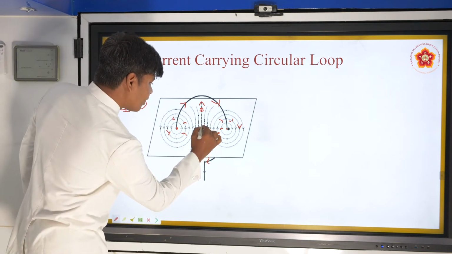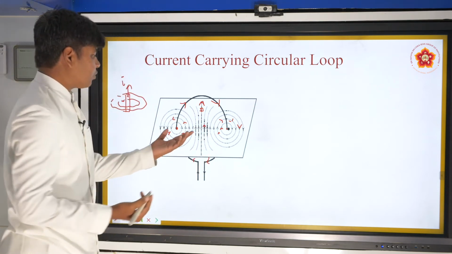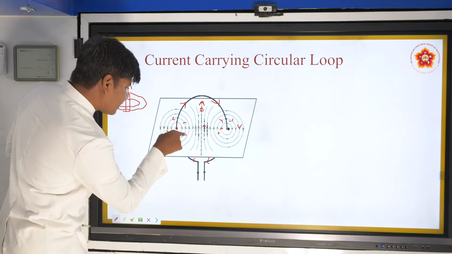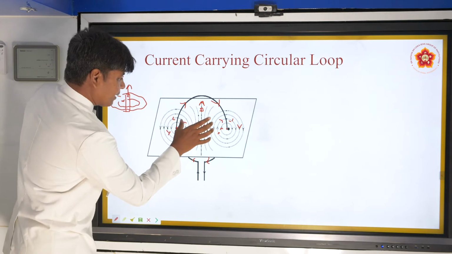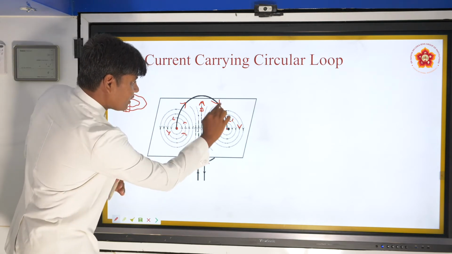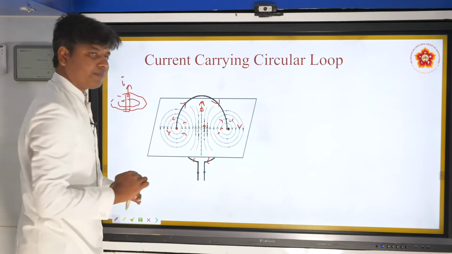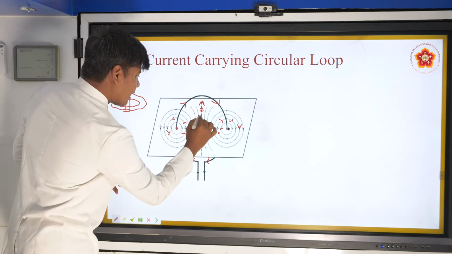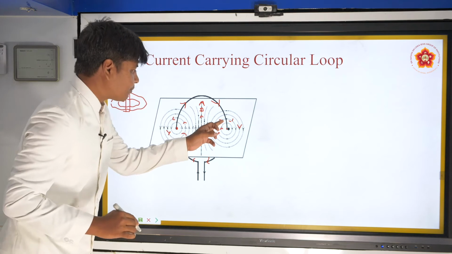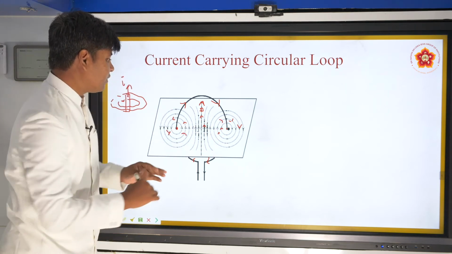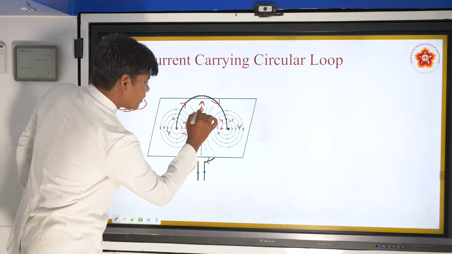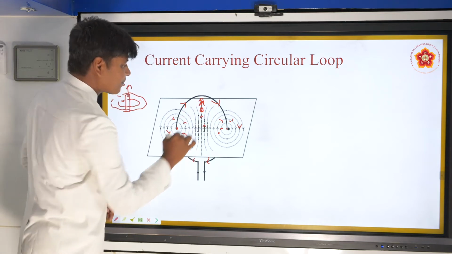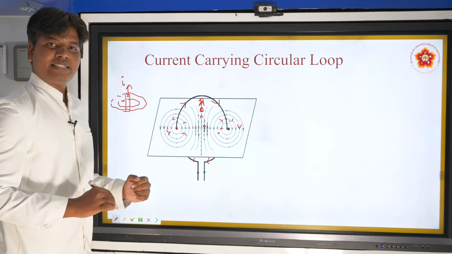See, inside the coil those two directions are uniform. The magnetic field lines inside this coil are going in the same direction, upwards. So the force exerted on this element is in the same direction. It is adding up.